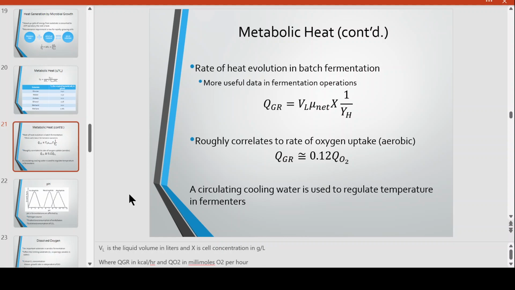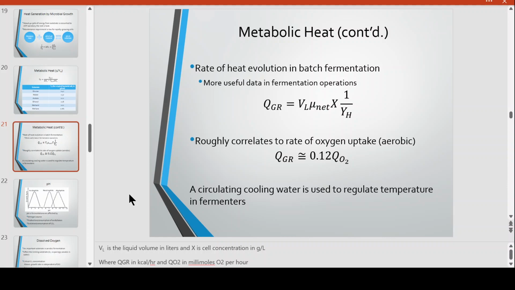Going back to your energy balance, if you remember, Q is the amount of heat that you need to remove during fermentation. Otherwise, your fermentation will become overheated. That heat comes from metabolic heat.